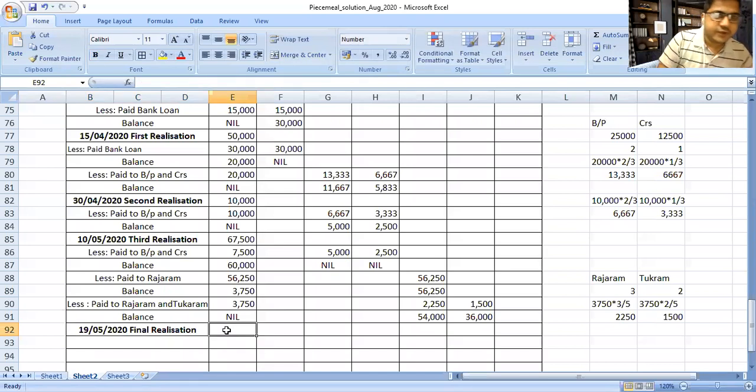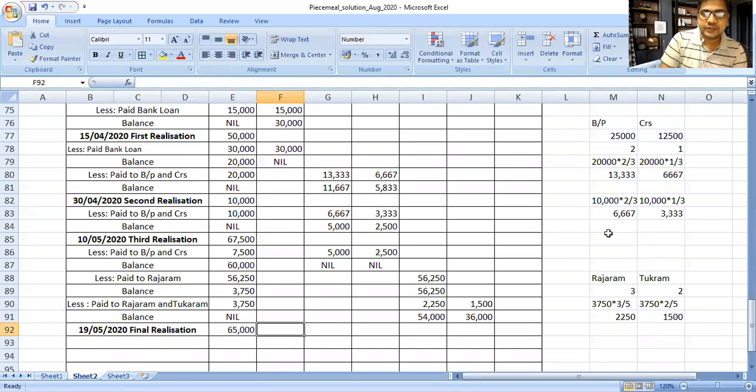And this particular final realization, how much value we received? Is it 65,000 in our question? Yes, final realization 65,000.